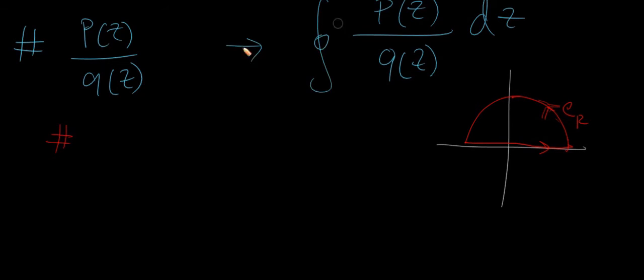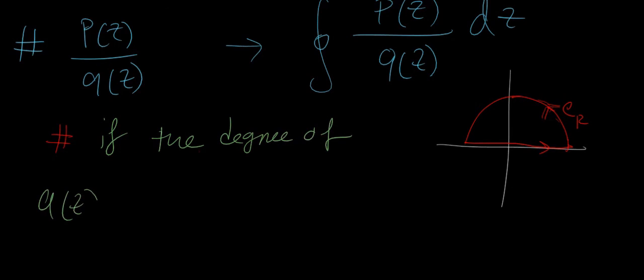So the general theorem says that, okay, let me use this green color. This is a general theorem. If the degree of q(z) is greater than the degree of p by 2, then the contribution coming from the semicircular arc will always be 0. So let's say the degree of q is n, because let's say this is an n-degree polynomial, because every function can be expanded in terms of polynomials.